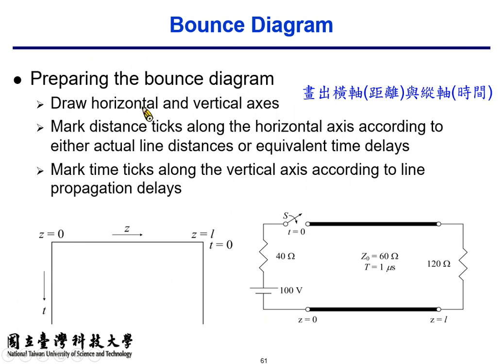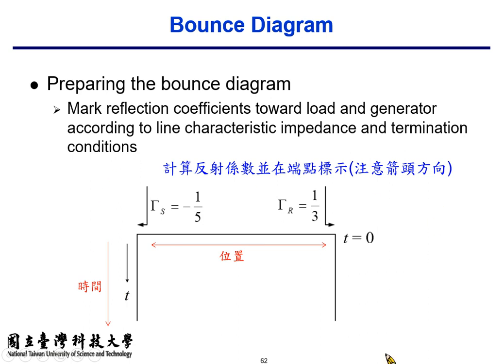Here we try to prepare the bouncing diagram. So we draw this plot, and I will show you this. The bouncing diagram begins by drawing a horizontal line indicating the location on the transmission line. The left hand side is z equal to 0, and the right hand side is z equal to L. We also draw two vertical lines on the two ends of the horizontal line.